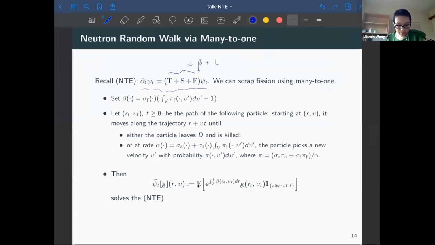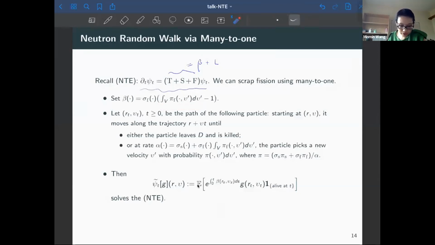Okay, let's start with the branching term, the beta. This is fairly straightforward. What you do is look at the mean number of new particles, and subtract 1, which accounts for the old particle dying out.